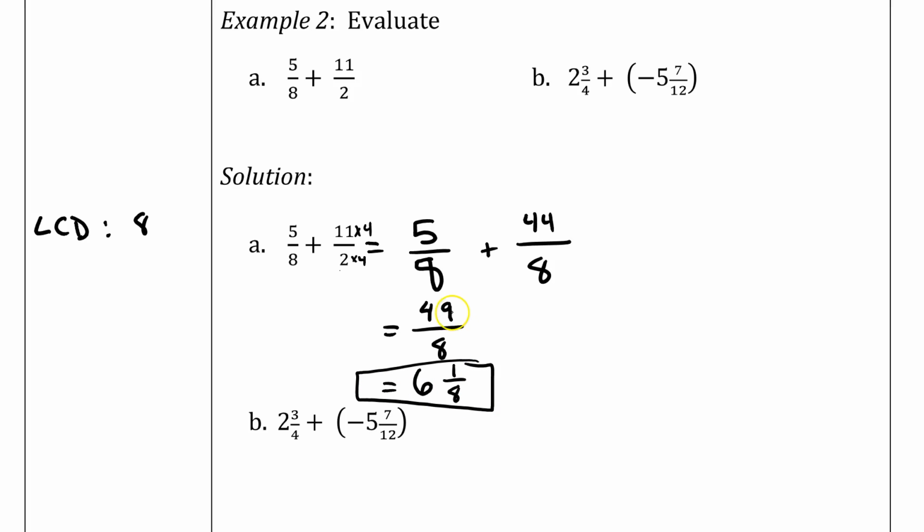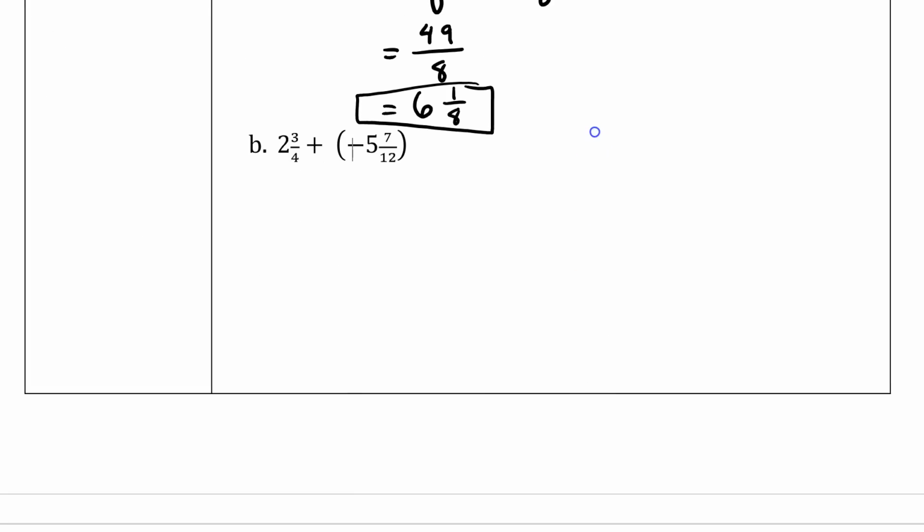If you need more practice converting from improper fractions to mixed numbers, just let one of us know, or you can search it yourself on Math IXL. This one is actually the most difficult out of this problem set.